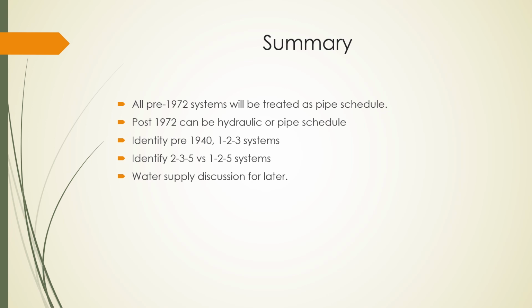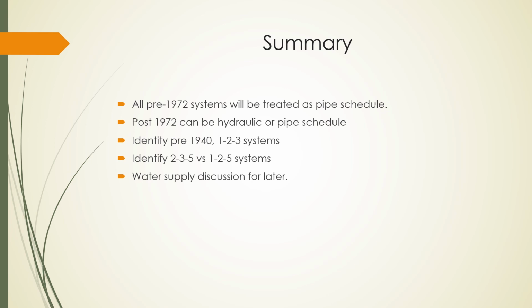As a matter of fact, the 2022 NFPA 13 still includes pipe schedule, but there are a number of limitations making it prohibitive from installation for the most part. But we can say that from 72 on, we're really leaning towards hydraulic systems.